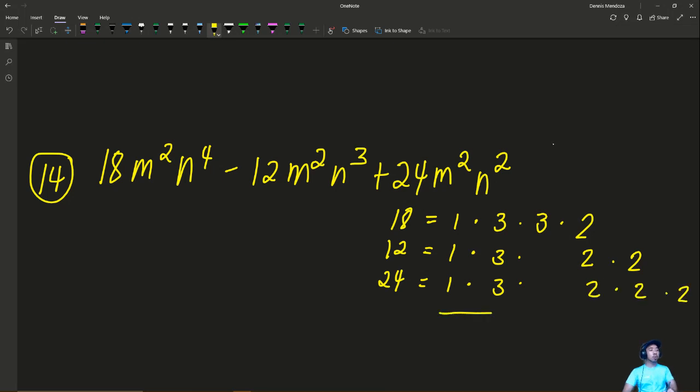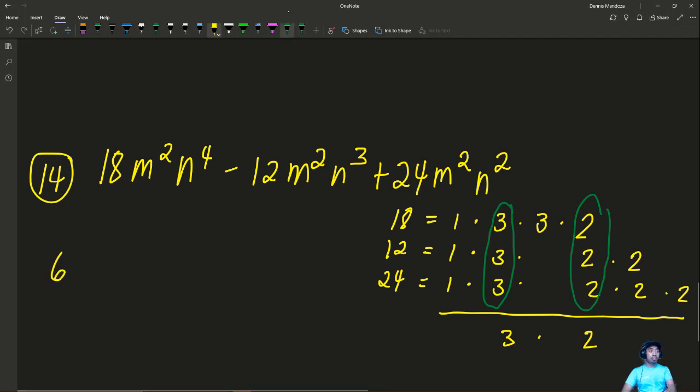Okay, so what are the common factors here? Common factors are 3 and 2. Okay, so only the common among those 3. So we have 3 times 2. So the greatest common factor for 18, 12, and 24 is 6.